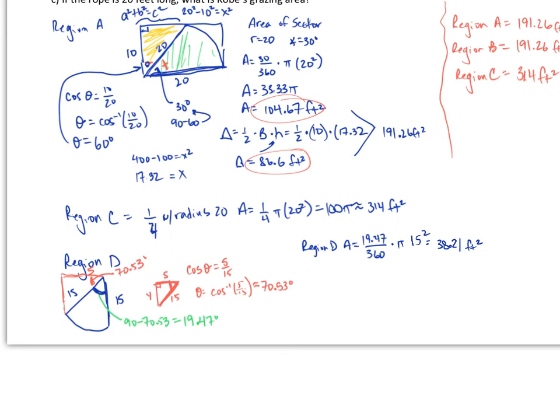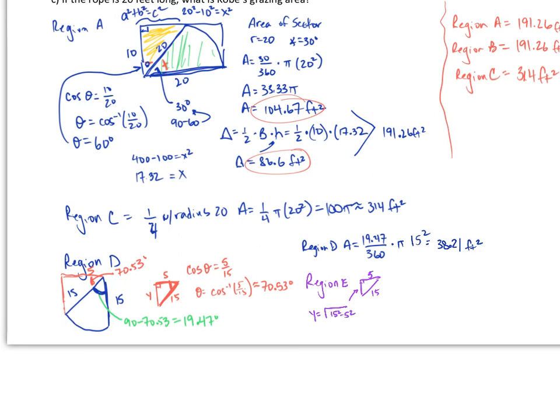All right. Now, we need region E. Let me do this in another color so we don't get it confused. We need region E, and we had this triangle this time, right? So this was 15, this was 5. I needed to solve for y right here. Y will be the square root of 15 squared minus 5 squared, right?